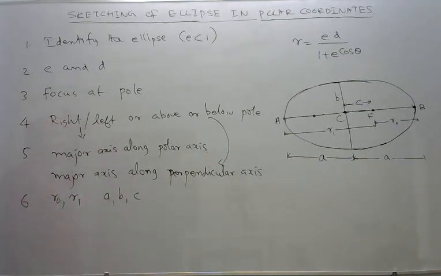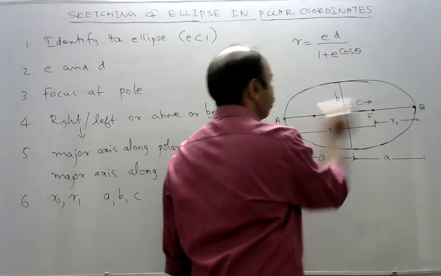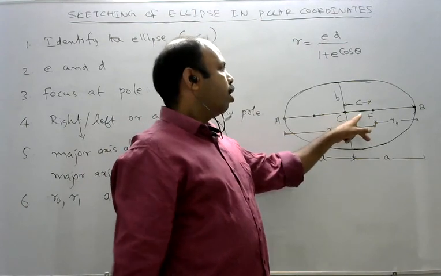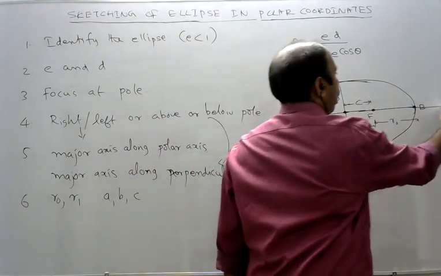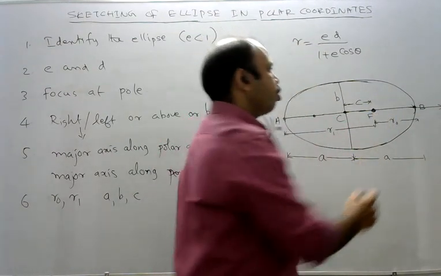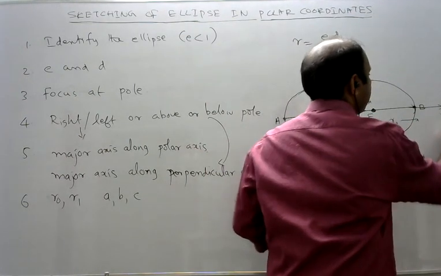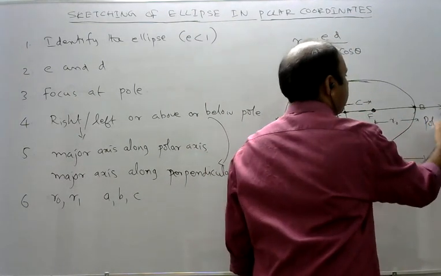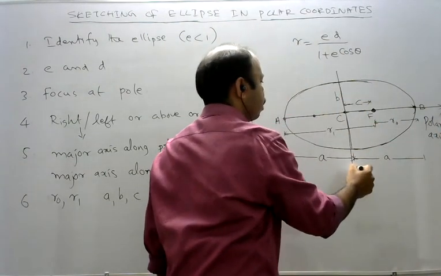How shall we determine R0? So, look at this picture. In this case, this is the focus. We can consider this focus as the focus at the pole. So, this is the polar axis. This is the perpendicular axis.